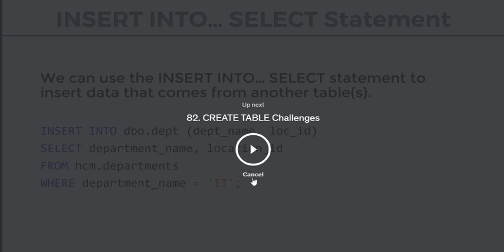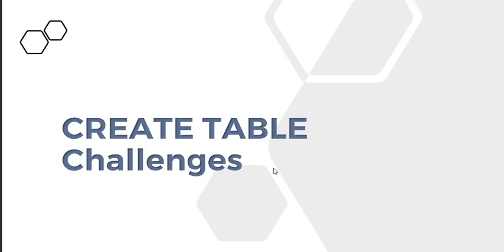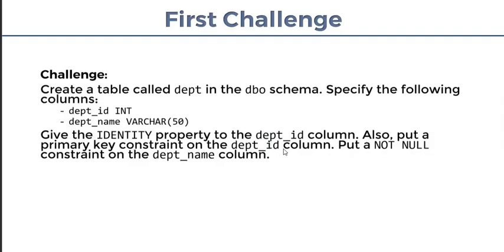Create table challenges. See a few challenges, just take some challenges on how to create a table. Create a table called department in the database schema, specify the columns, create the identity property on the department ID column, also put a primary key constraint on the department ID column, and put a not null constraint on the department name, right?